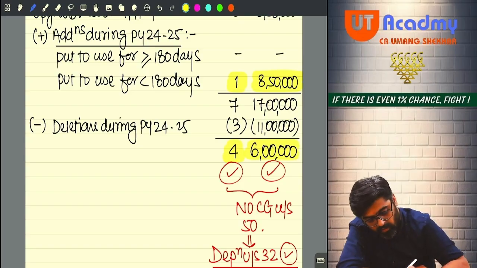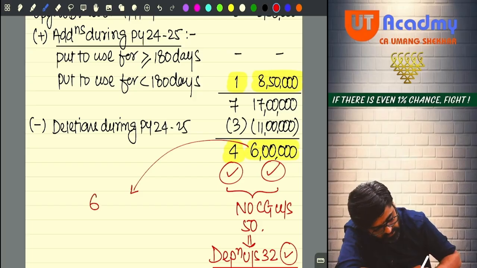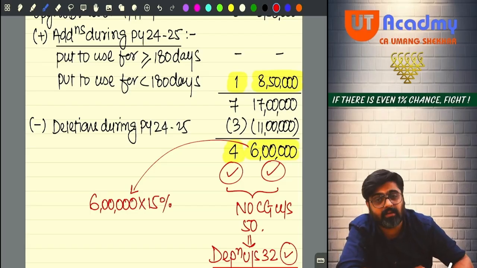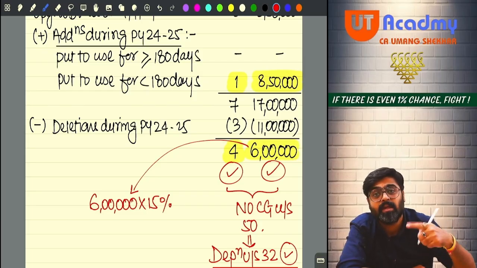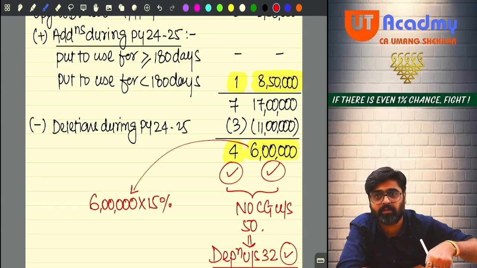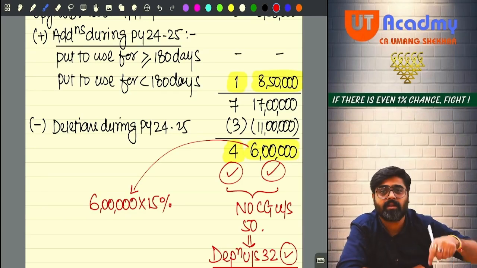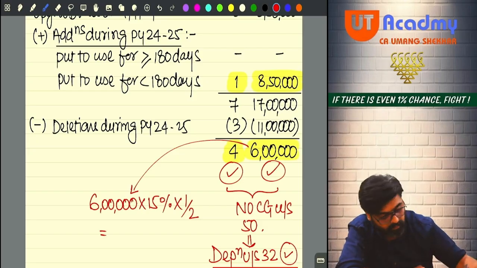So I will now calculate on this 6 lakh at half rate, because the 6 lakh is less than the cost of that asset, and that asset is still there on the last day of my business among these 4 assets. So 6 lakh into 1/2 will be 45,000.